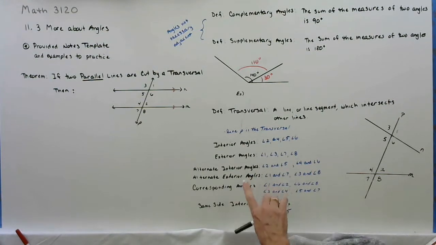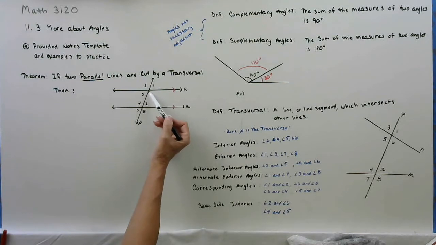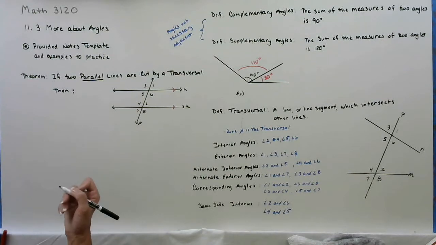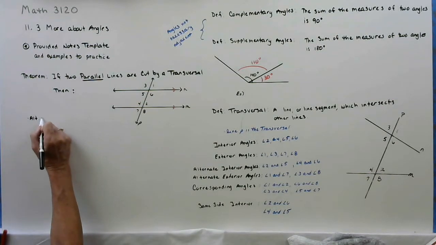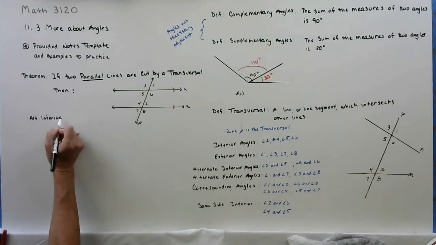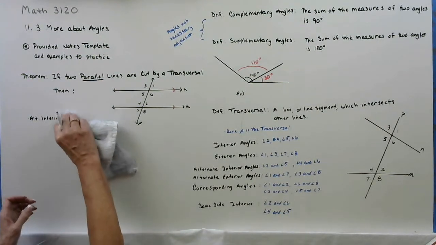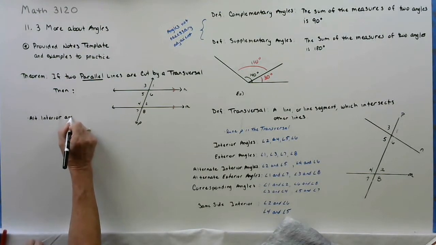Because we already know what they're all called in relation to each other. But if the two lines are parallel, then we have a lot of special relationships going on. Okay? Because like we now know 1 and 5 are vertical or opposite, so those are going to be congruent. So we have a few things that happen here. One, alternate interior angles are congruent.